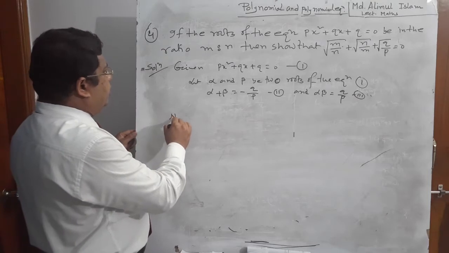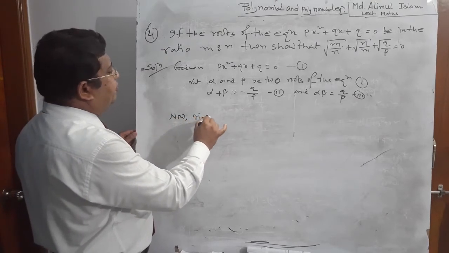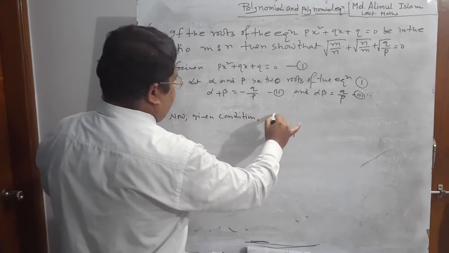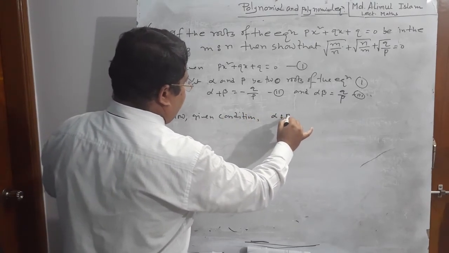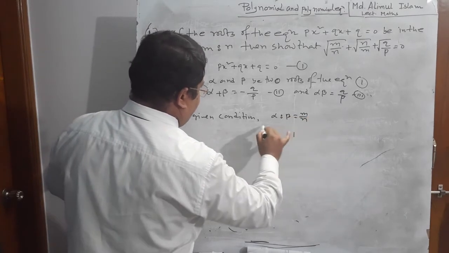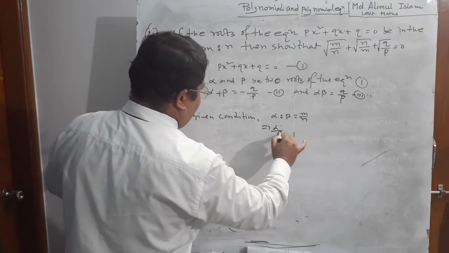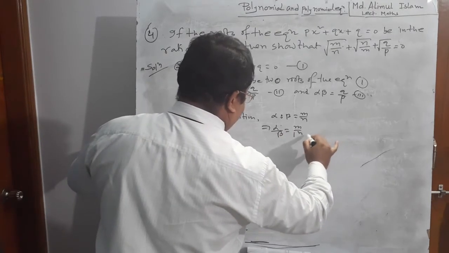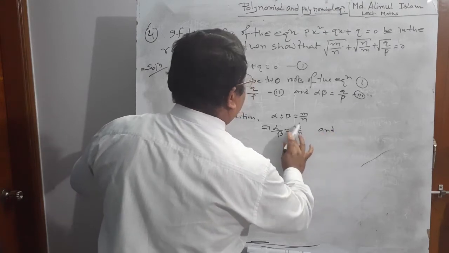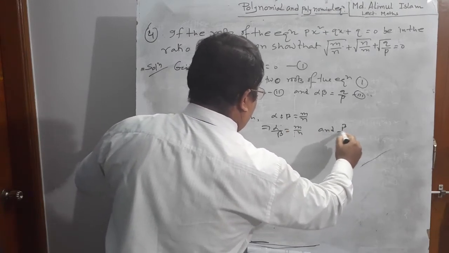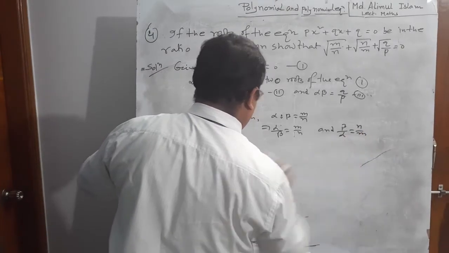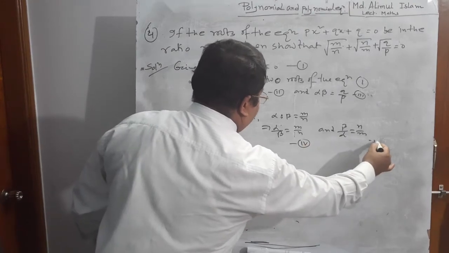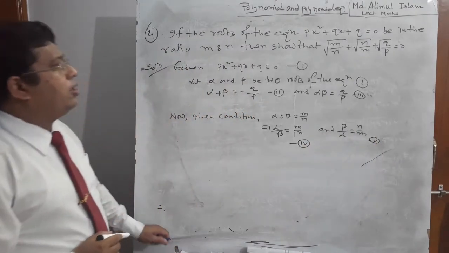Now, given condition, ratio alpha is to beta is equal to m by n, you write alpha by beta is equal to m by n, and you can also write beta by alpha is equal to n by m. You can write relation 4 and 5, no problem for your understanding.